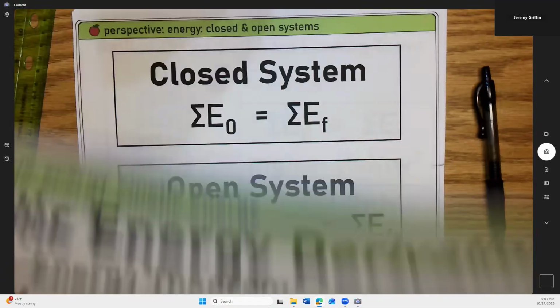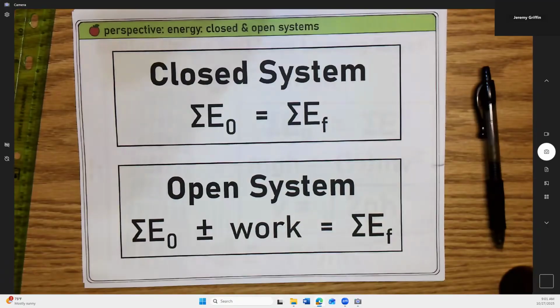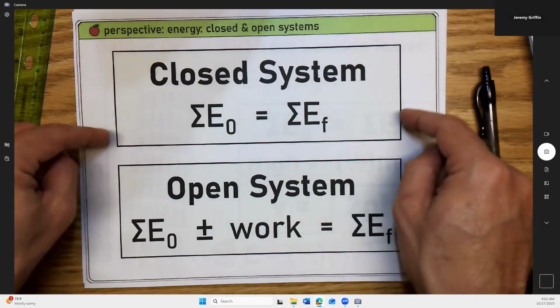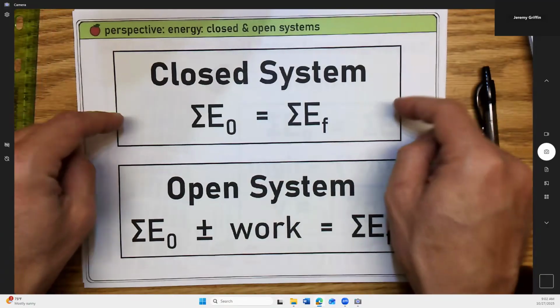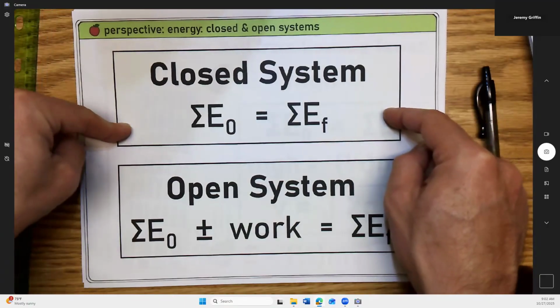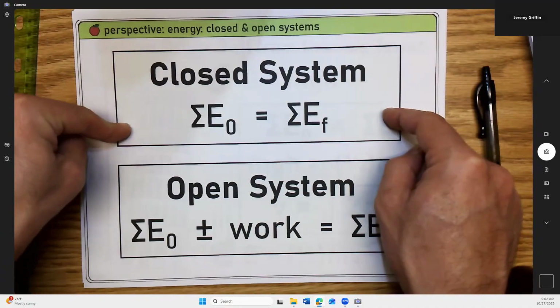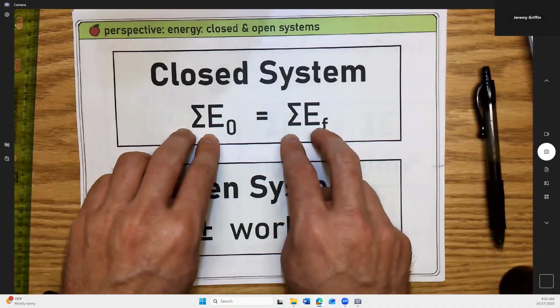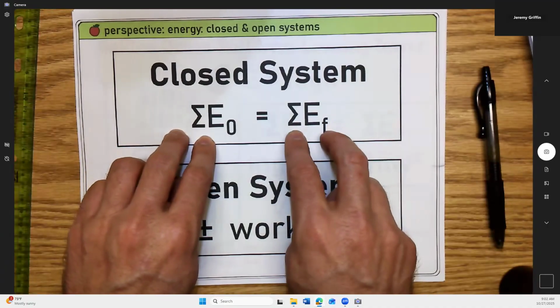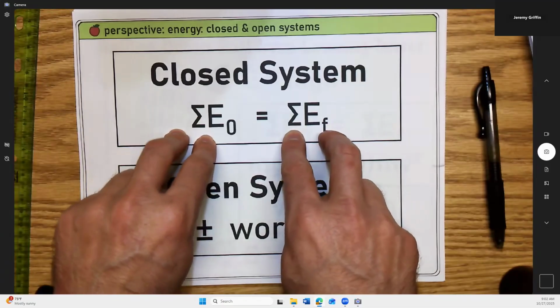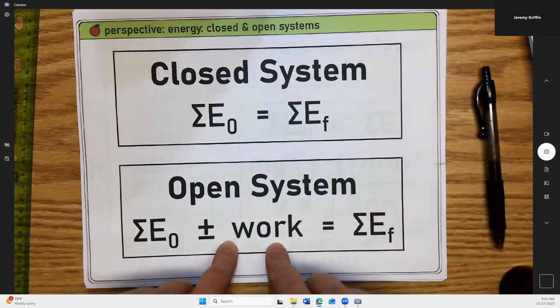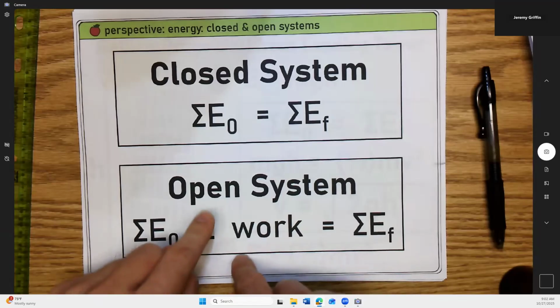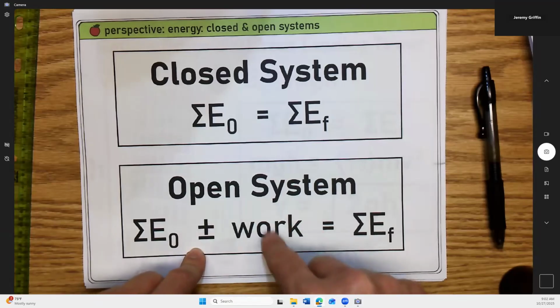Kinetic energy? All right, so let's talk about systems here. One of the first things I told you earlier today is that energy cannot be created or destroyed. So the amount of energy in the universe today is the same as it was billions of years ago. That's what this says right here: sum of energy initial equals sum of energy final. It's called a closed system. Now, you could have something called an open system where there's work being done on the system or by the system, in which case you could add or subtract some number of energy units.